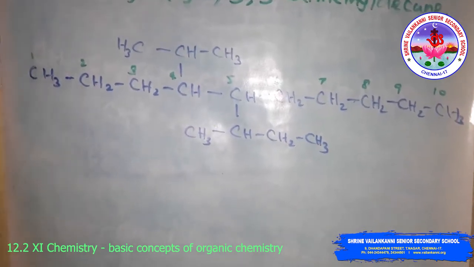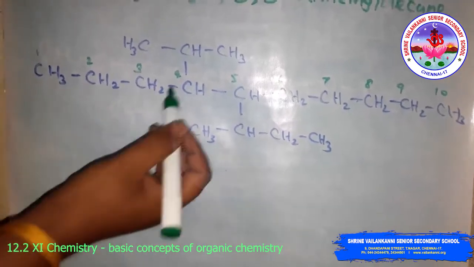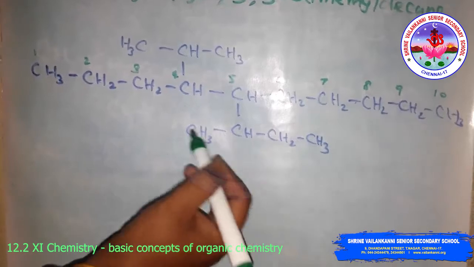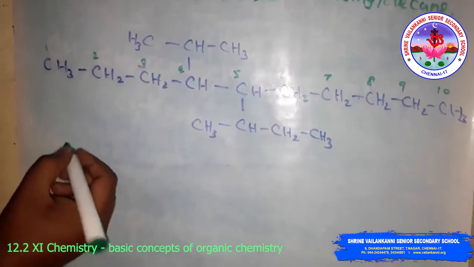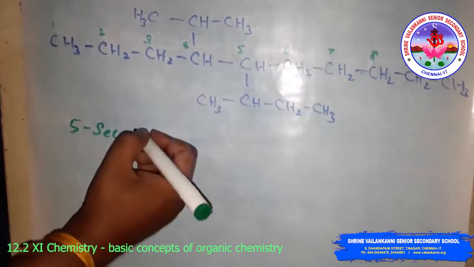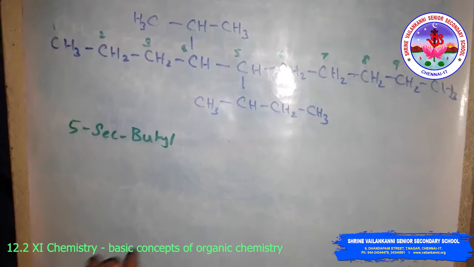So here, the fifth position having the secondary butyl. This is a secondary butyl. So write 5 sec-butyl, or secondary butyl.